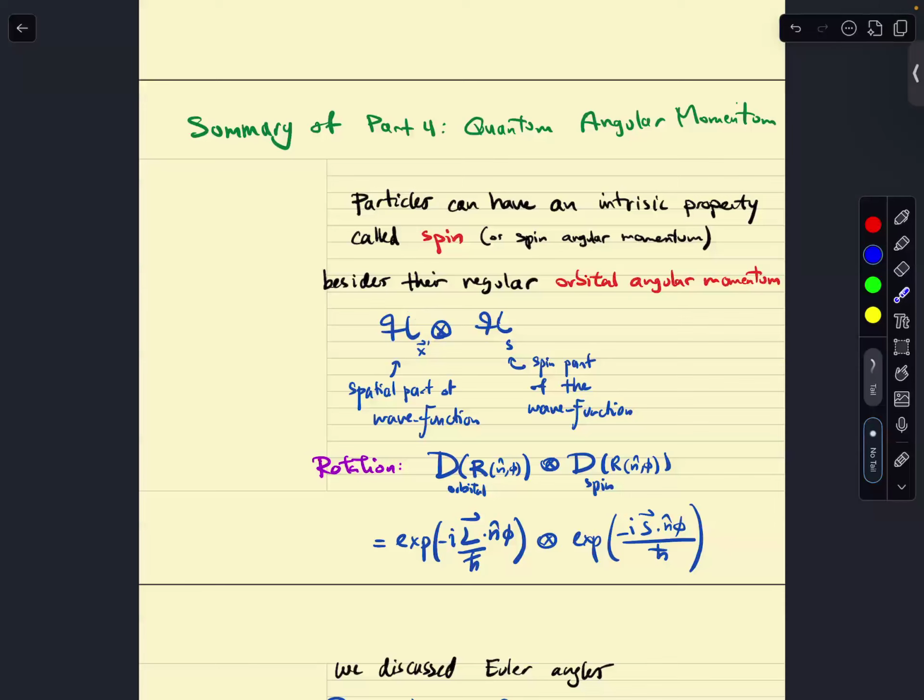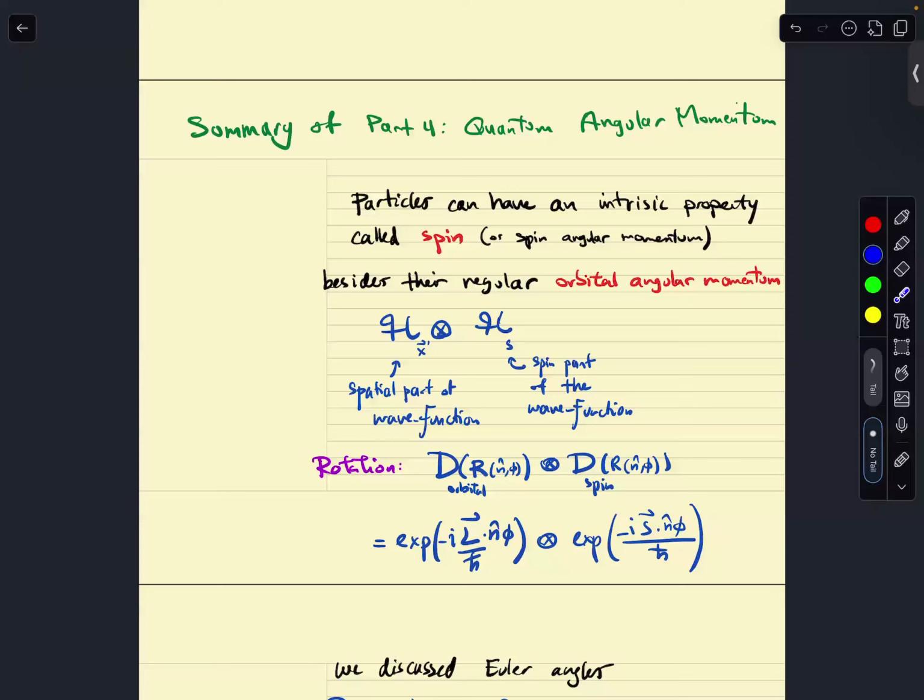So the total Hilbert space in this case is the Hilbert space that has to do with the spatial part of the wave function, tensor the Hilbert space of the spin part of the wave function. We saw, for example, if you have spin j, this Hilbert space is 2j plus 1 dimensional. But if you have a free particle, this Hilbert space is infinite dimensional, right?